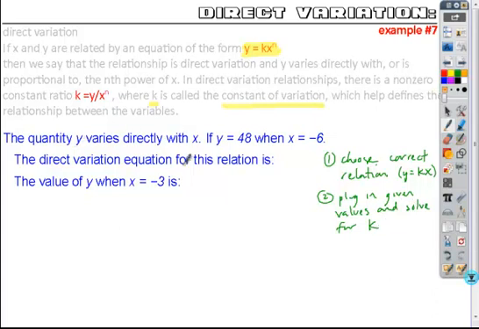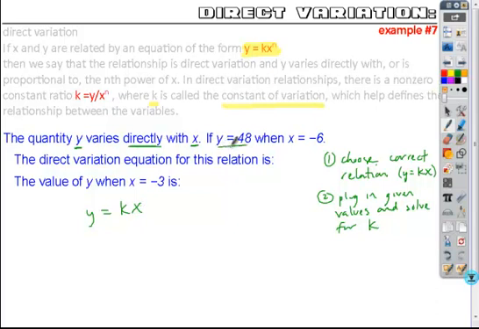When we look at a problem like this, it will specifically tell you which relation you're looking at. So here, y varies directly with x. The way you interpret that is you write y varies directly, you set equal, and because it's a direct variation, you use k times x. Then you plug in the values you're given.